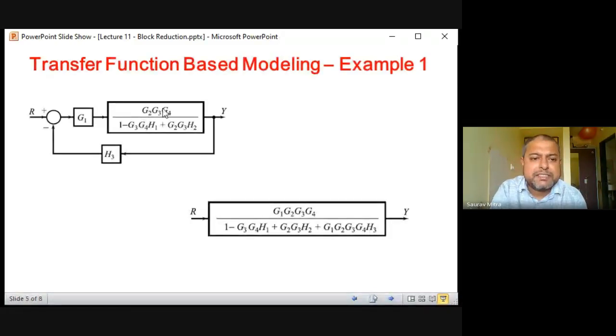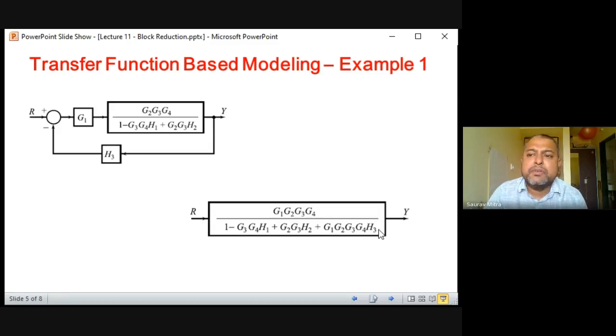So now G is this, so what is the numerator term? G2 G3 G4 multiplied by H3. And G1 is also there, I'm sorry. So G1 G2 G3 G4 multiplied by H3, so that term comes in the denominator. So G1 G2 G3 G4 H3.